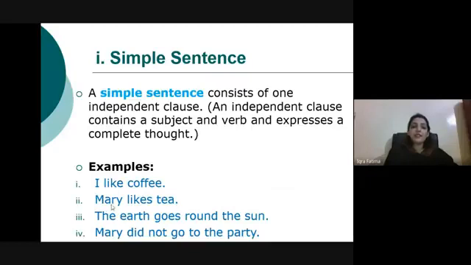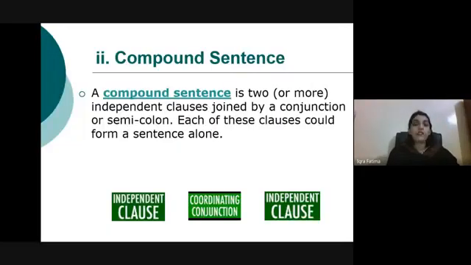Mary likes tea. Subject, verb, object. The earth goes round the sun. Subject, verb, and adverbial phrase. Mary did not go to the party. Subject, verb, and adverbial. So, a simple sentence consists of an independent clause, and it carries a subject and a verb. It means it has only one independent clause. That is called a simple sentence.